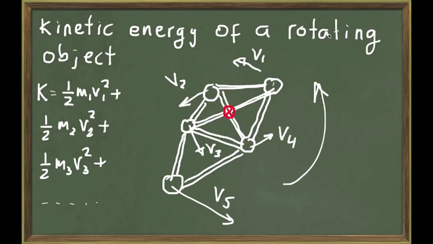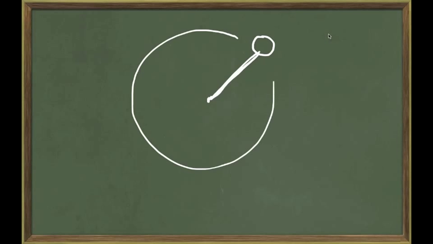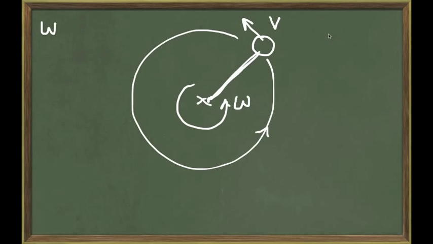Well, in circular motion, as you remember, when an object, say this object attached to a string or rod, is spinning around this point, then the velocity of the object is related to something that we call the angular velocity, omega. Omega, we find it as the rate of change of the angle.